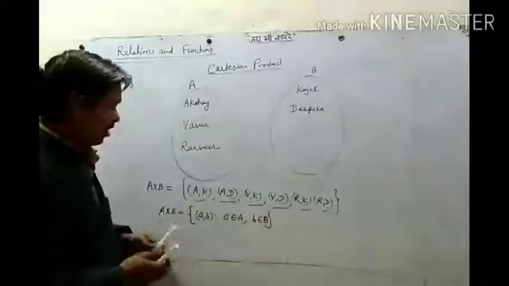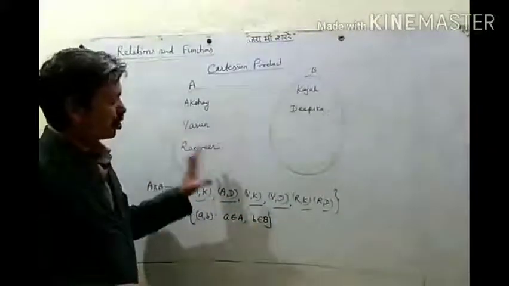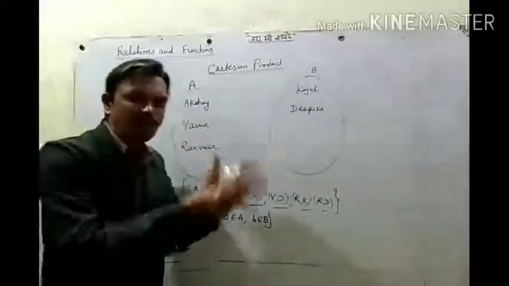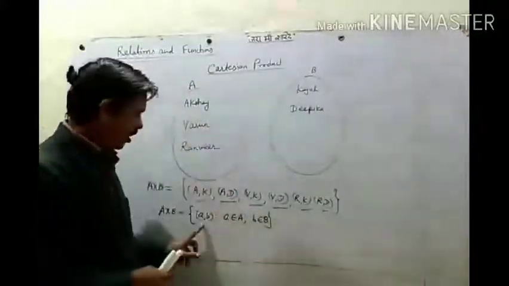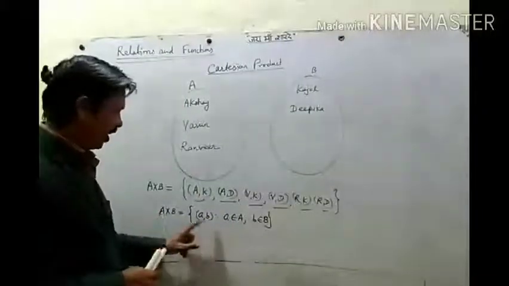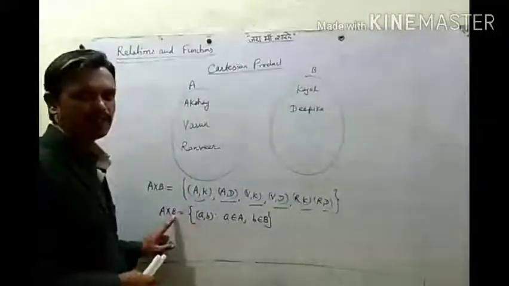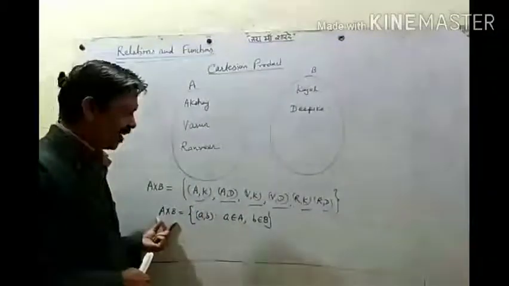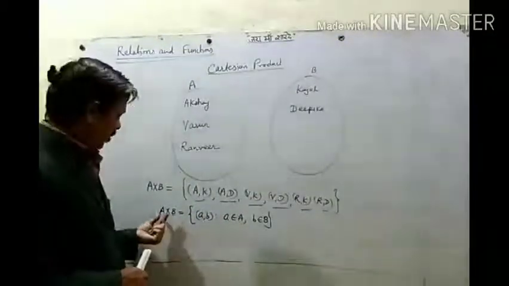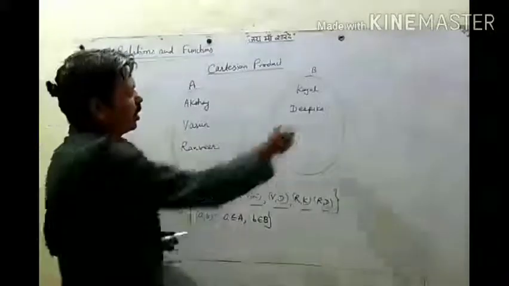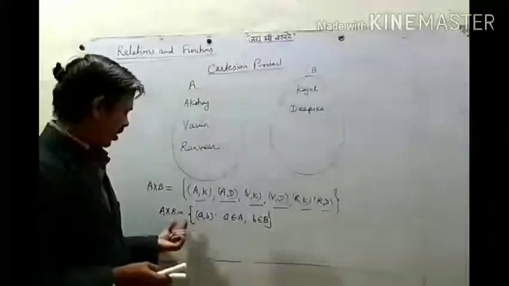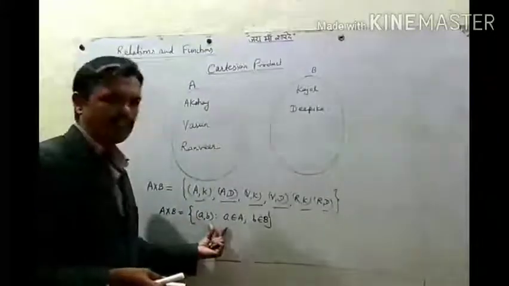So what is the Cartesian product of two sets A and B? The set of all ordered pairs (a, b), where a is in the first set A and b is in the second set B. This is our Cartesian product, and we denote it by A cross B. If we have finite elements in the sets, then A cross B will also have finite elements.